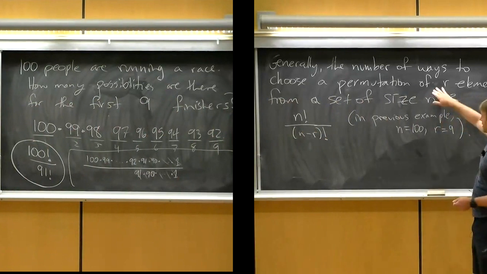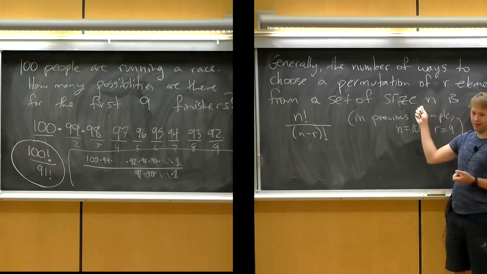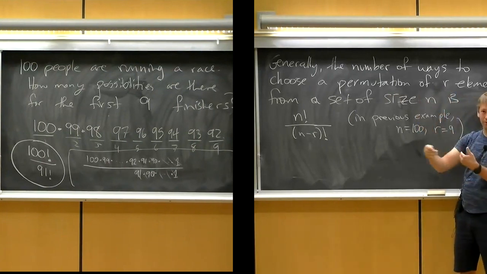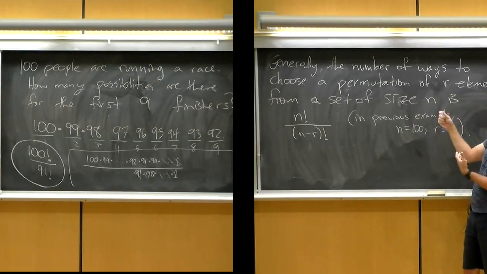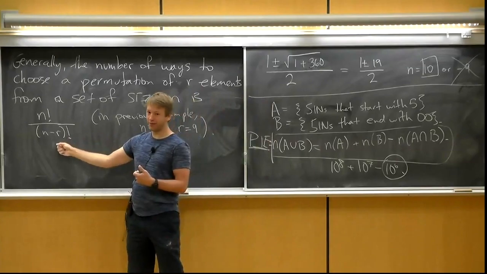If you're asked to take an ordering of r elements from a set of size n, where a permutation is just an ordering of elements, if your question says how many ways can you order r elements from a set of size n, this is going to be your answer.